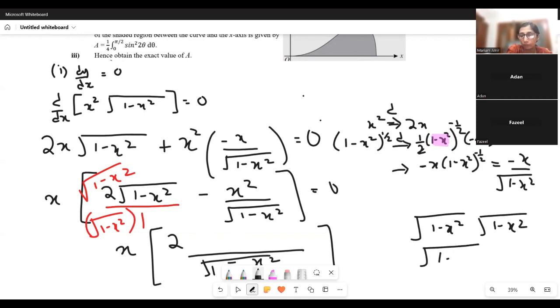So square root 1 minus x square का square, which just becomes 1 minus x square. So that's going to be 2 times 1 minus x square minus x square equals to 0.